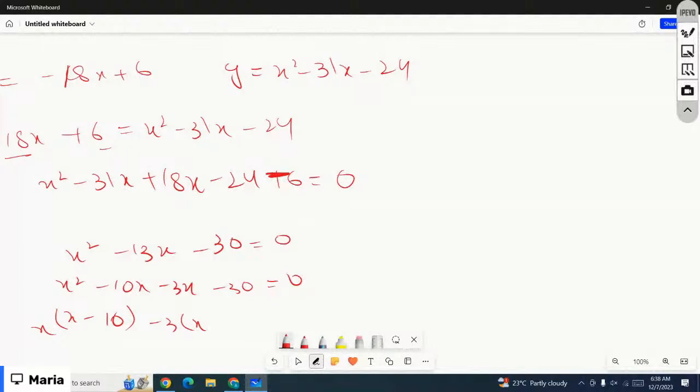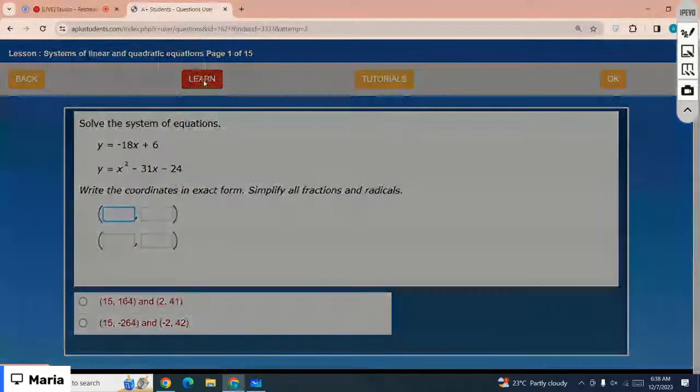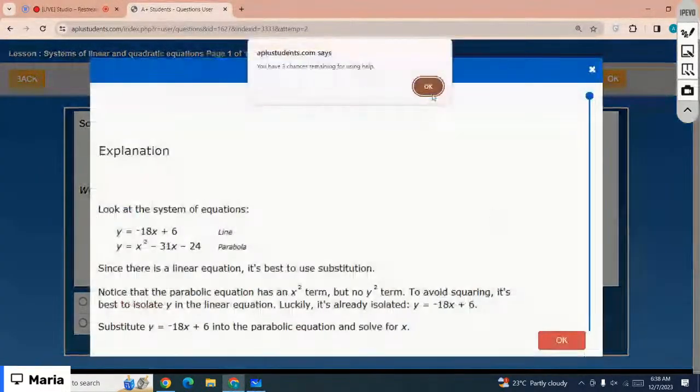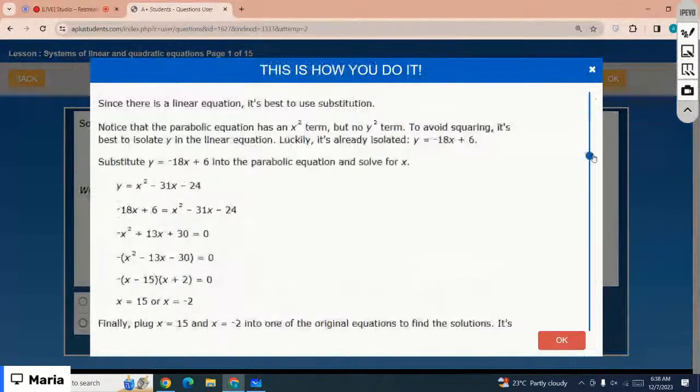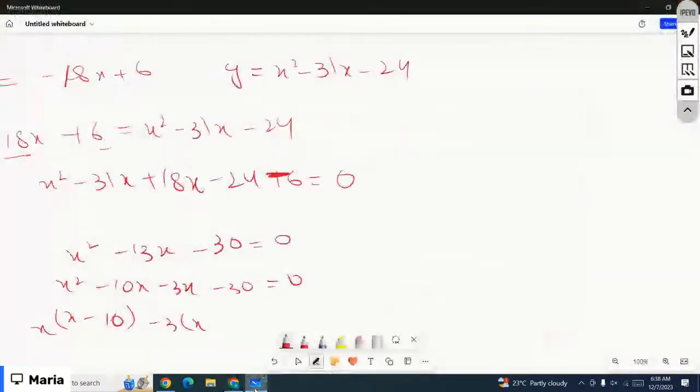13 times 6. Oh, 15 times 2 it is. The factors are 15 and 2, right?